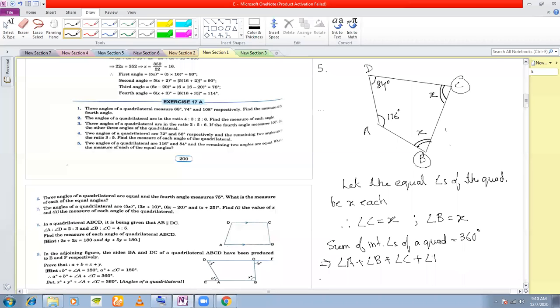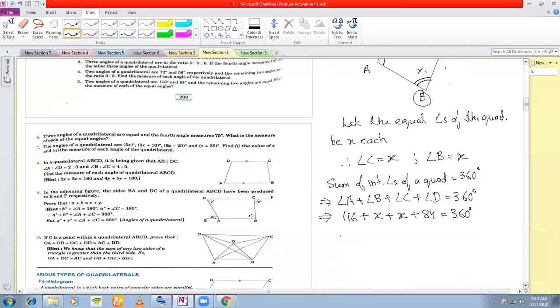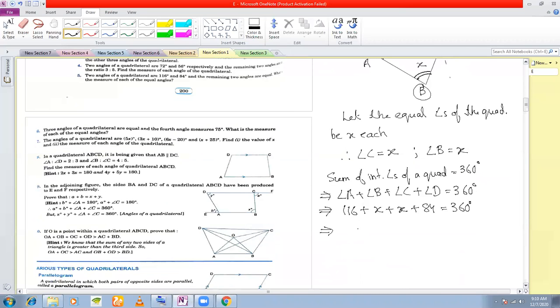Now put the values of these angles. A is 116 degree, B is X, C is X, and D is 84, equals 360. Okay, so now we shall calculate this. 116 plus 84 is 200.